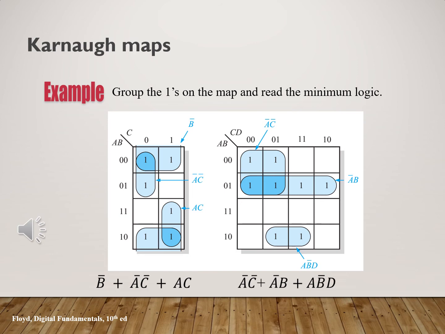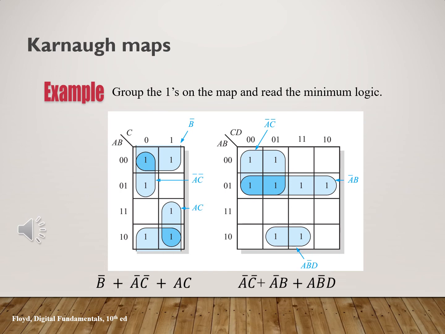In the wraparound group you have A bar, B bar, C bar plus A bar, B bar, C and A, B bar, C bar and A, B bar, C. That is, for the first row it is A bar, B bar, C bar and A bar, B bar, C. For the last row it is A, B bar, C bar and A, B bar, C. So you can see that A and C change, B doesn't change.